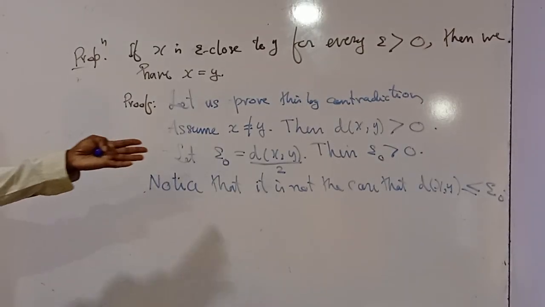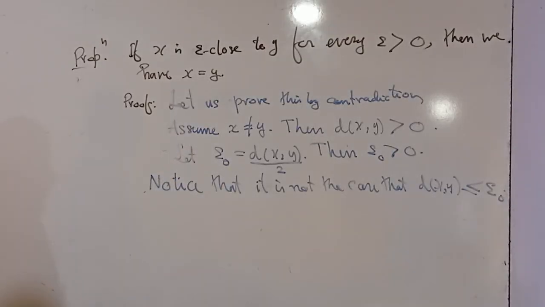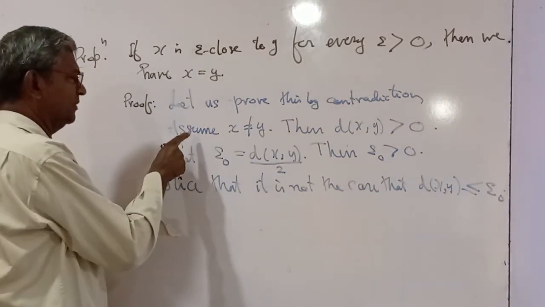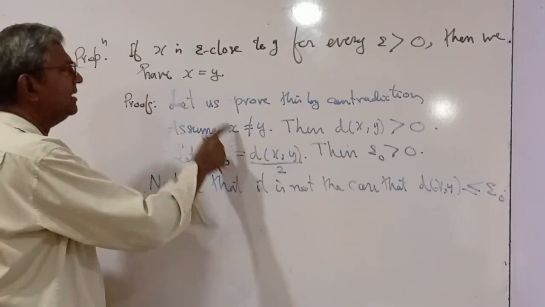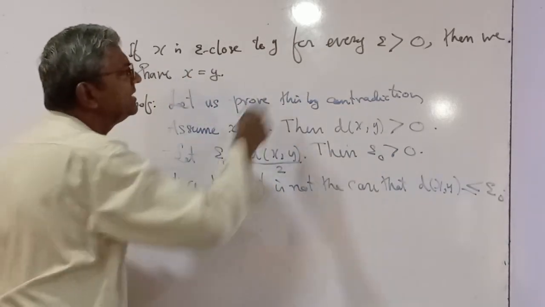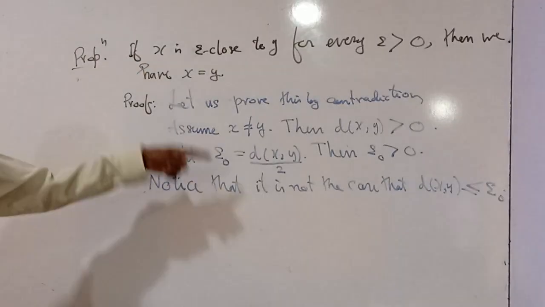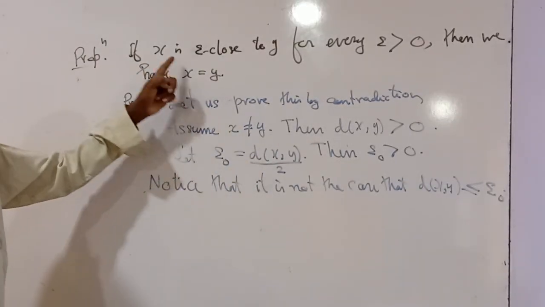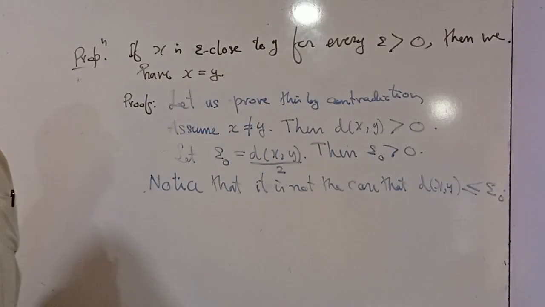Since dxy is not less than or equal to dxy divided by 2, assume x is not equal to y. I have proved this is incorrect. There is an epsilon 0 greater than 0 such that x is not epsilon close to y.